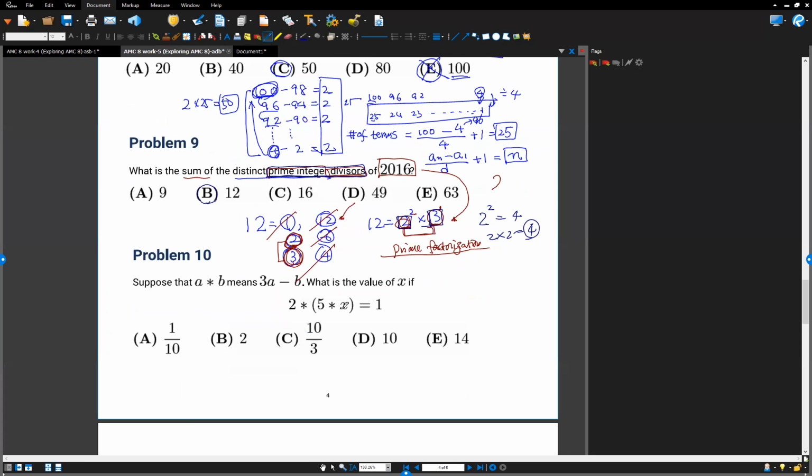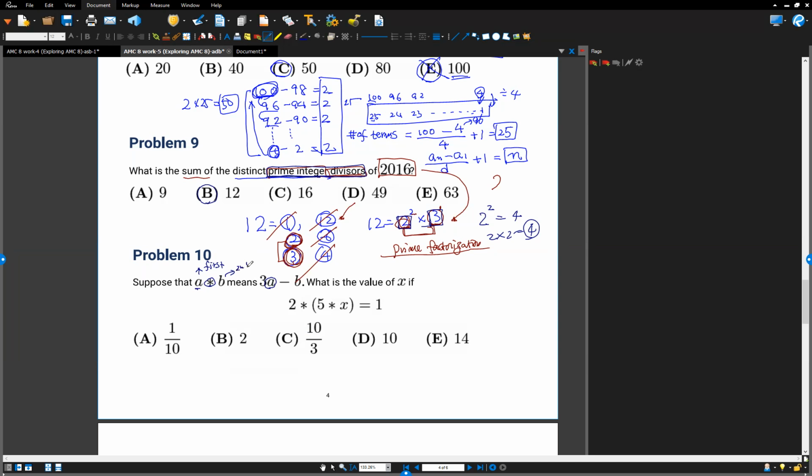Okay, try number 10 now. Everybody try number 10. This is what we call a symbol operation. This symbol, what does that mean? When you have the first number, any number, and the second number, or front number and back number, something like that.